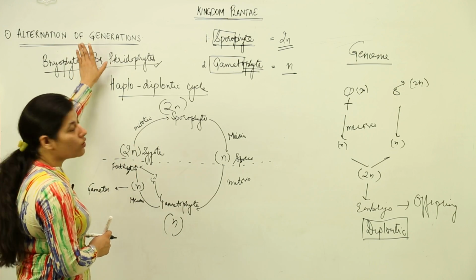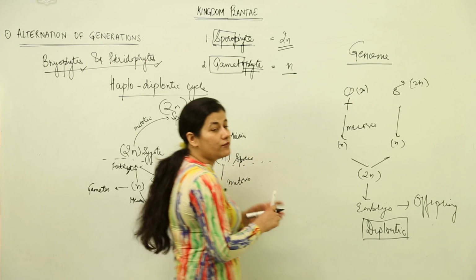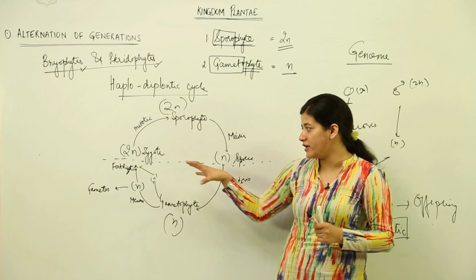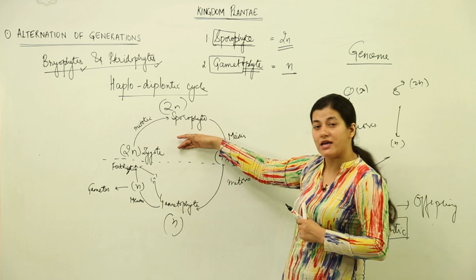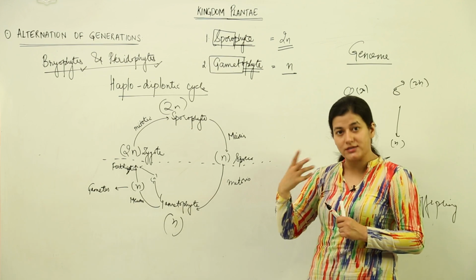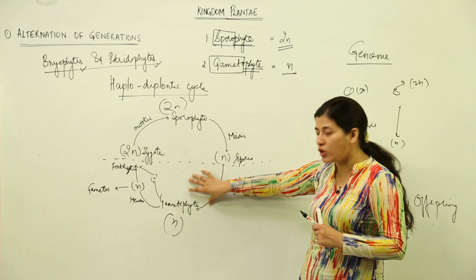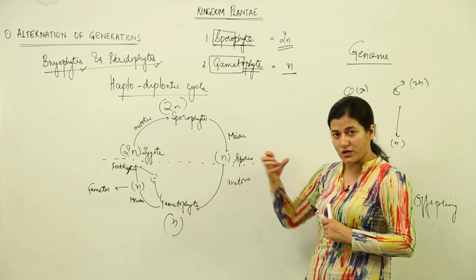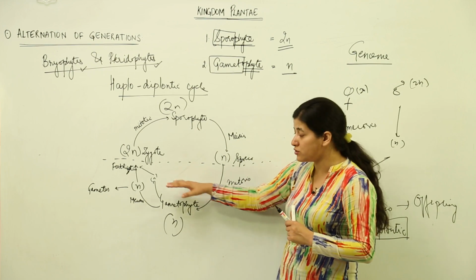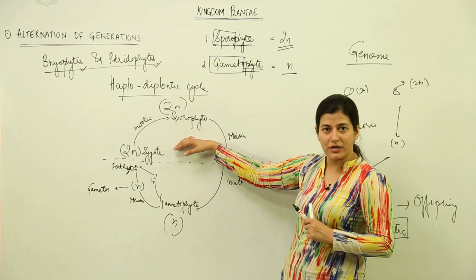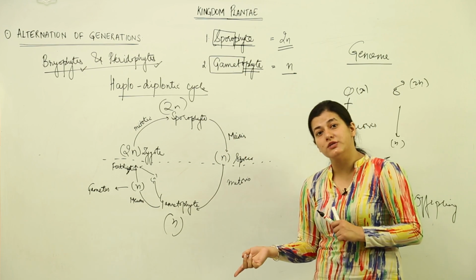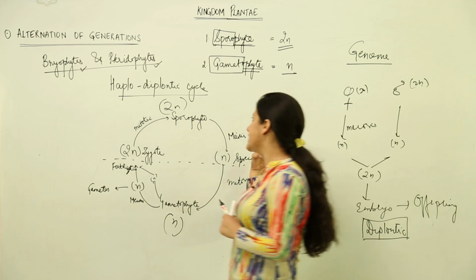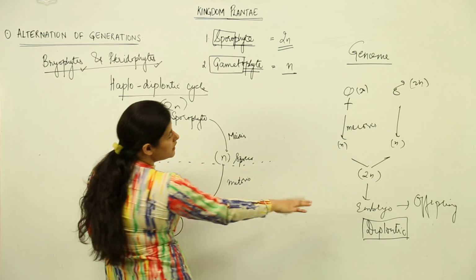This is what is alternation of generations, that for some time of their life cycle they are going to stay as gametophyte, for some time they are going to stay as sporophyte within the same plant. And you can see both these plant bodies with your eyes, because this is also a dominant stage, this is also a dominant stage, not like in the case of haplontic where the dominant stage was haploid, and not in the case of diplontic as well where the dominant is again diploid stage.